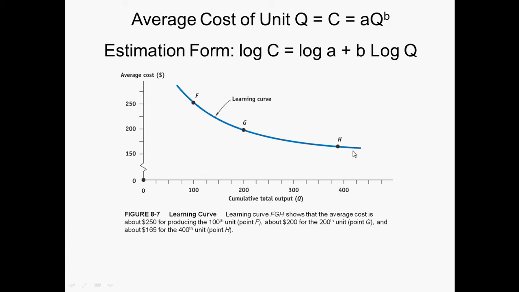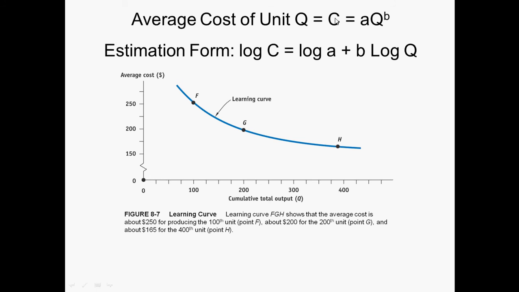Now you note that it isn't linear here. Remember, if you're conducting regression analysis, you always have to estimate a linear function, but in this case, the function doesn't have that form. So what you need to do is take logs, and in terms of logs, the function is linear, and so then you could run a regression.